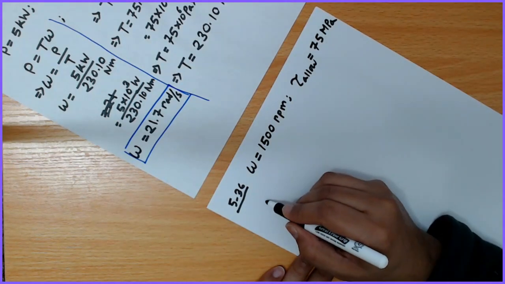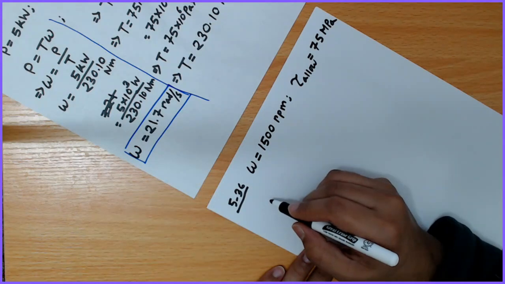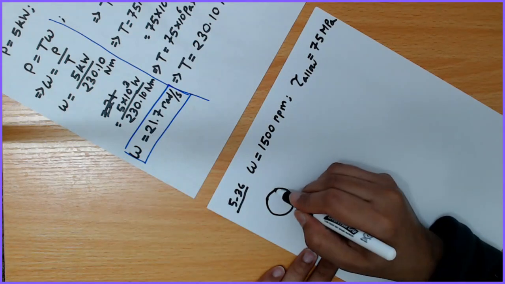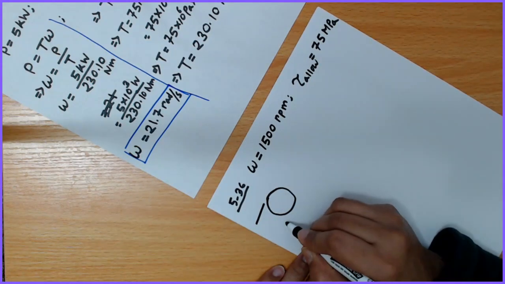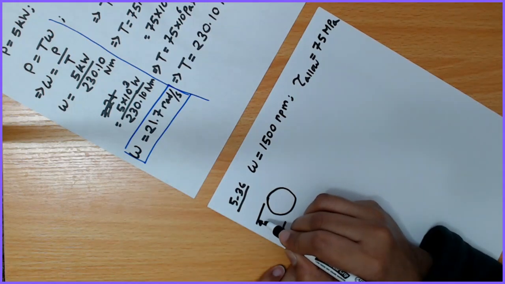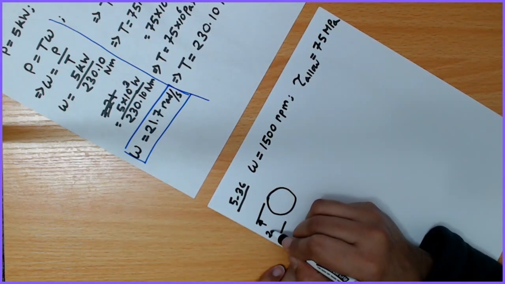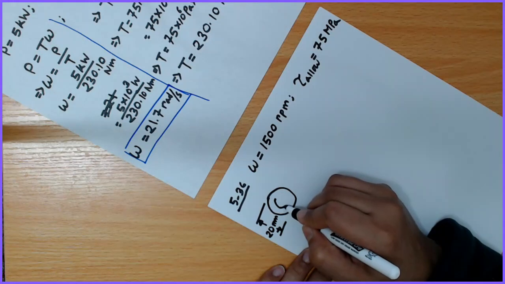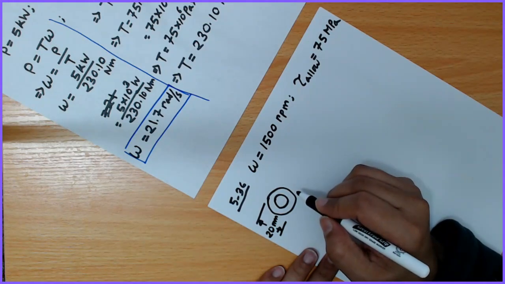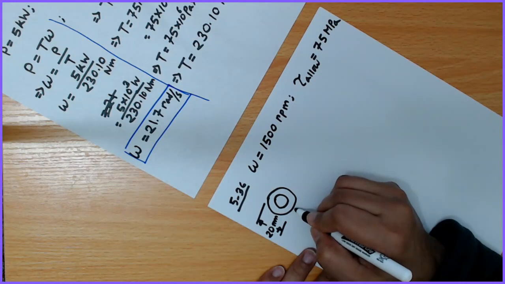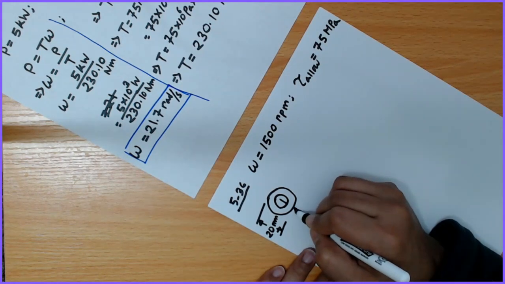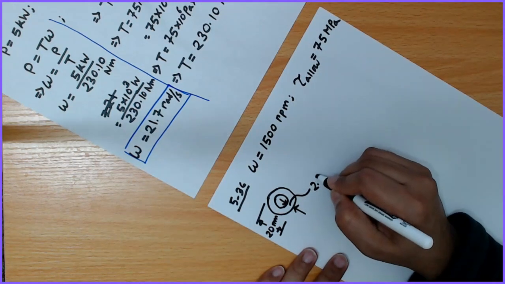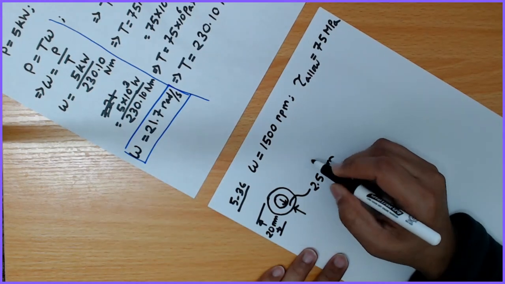Okay, now this problem says that the shaft is a tube. So if this is the cross section, the outer diameter of the shaft is 20 millimeter, and wall thickness, that means this thickness of the shaft, is 2.5 millimeter.